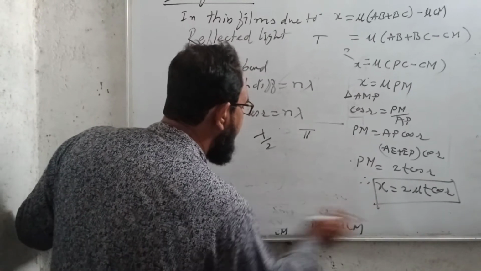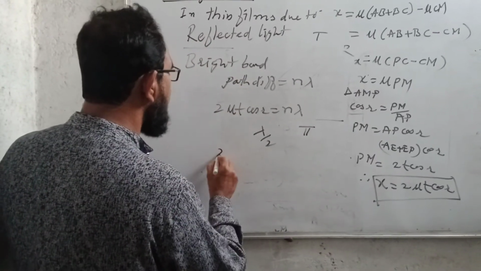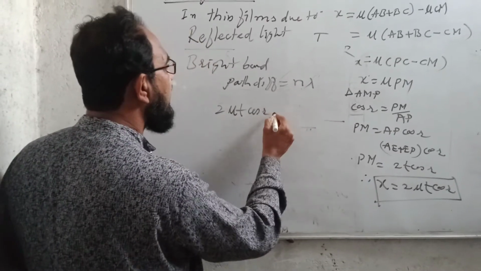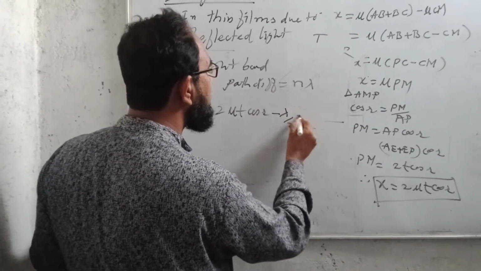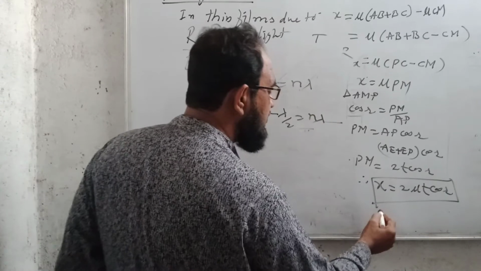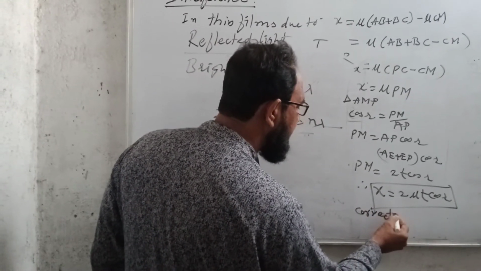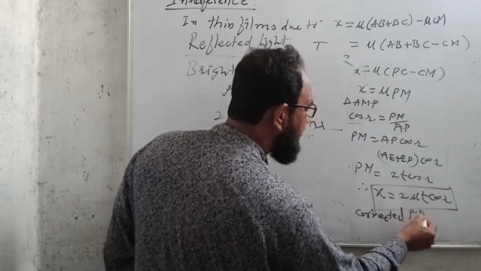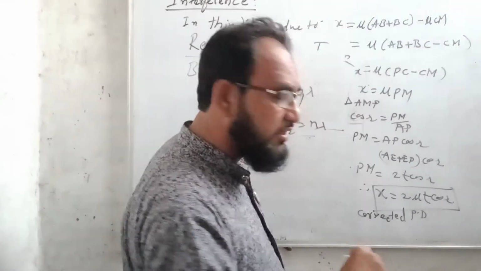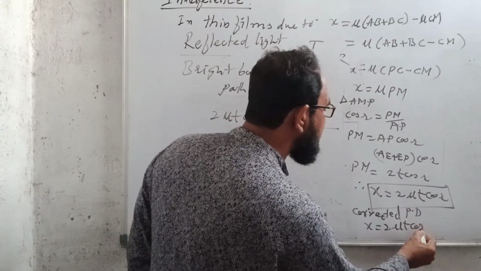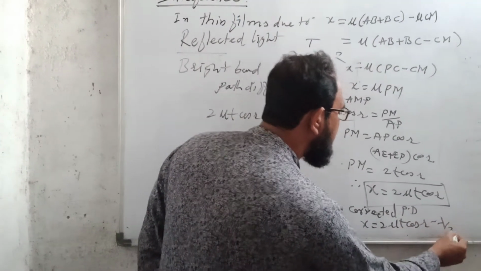So I can say that 2 mu t cos r minus lambda by 2 should be equal to n lambda. This is the corrected path difference according to the electromagnetic theory, x equal to 2 mu t cos r minus lambda by 2.